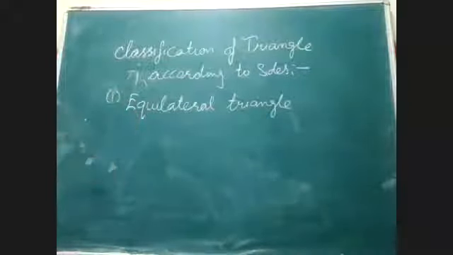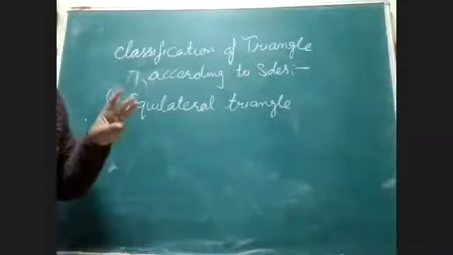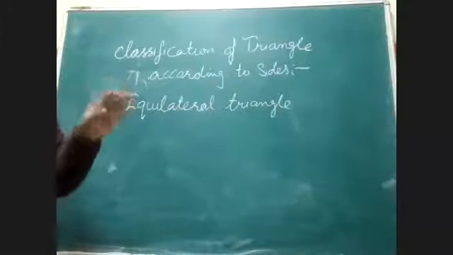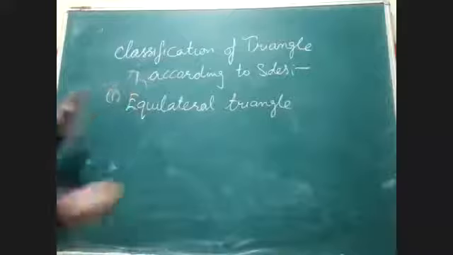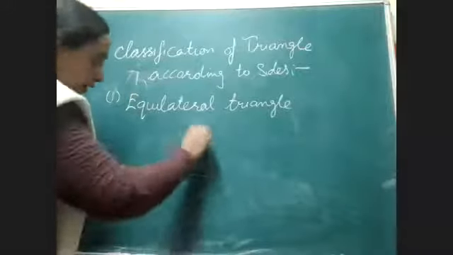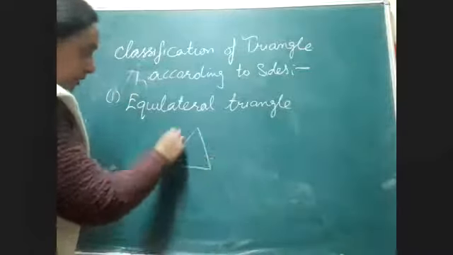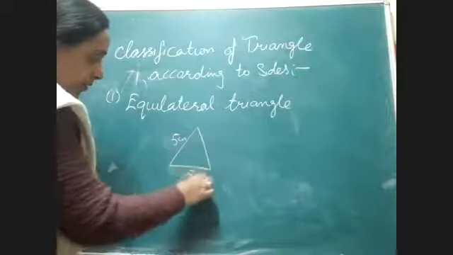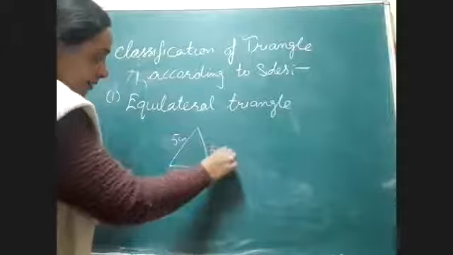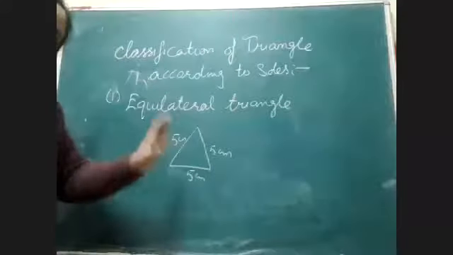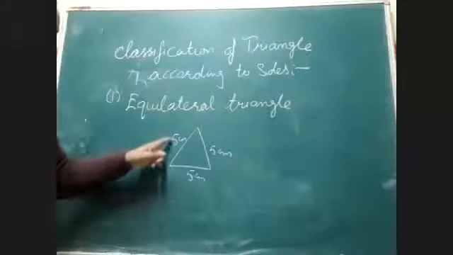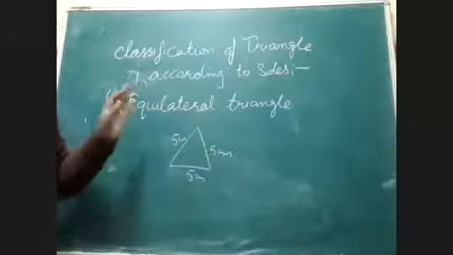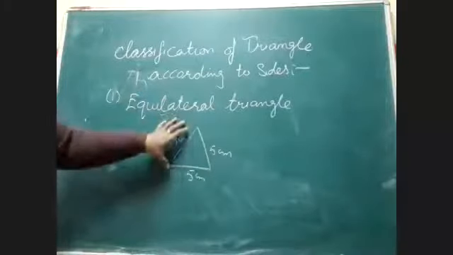As you know, in a triangle we have three sides. If all these three sides are equal in length, for example, here we have a triangle. Now the length of the sides is 5 centimeter, 5 centimeter, and 5 centimeter. So you can see all three sides are equal, 5, 5, 5. So this is an equilateral triangle.